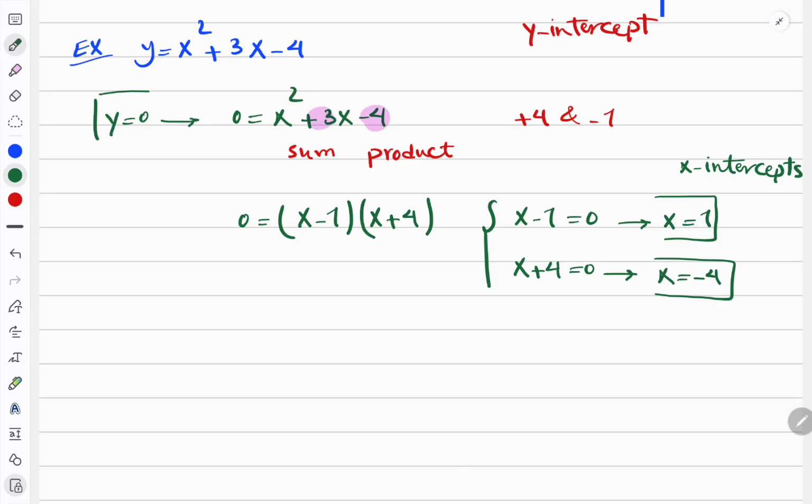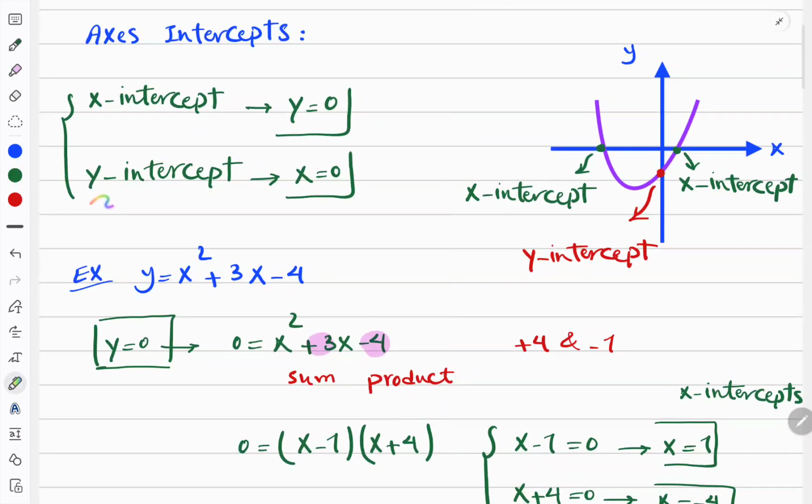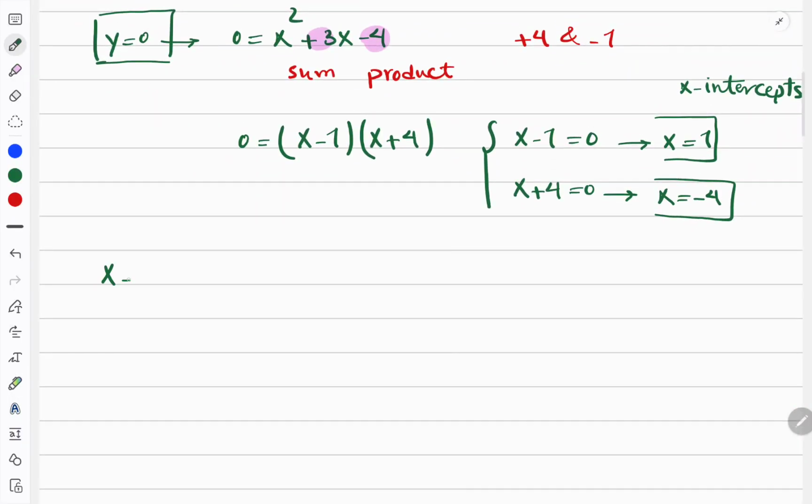And now for finding the y-intercept, x should be 0. So if x is 0, y equals 0 squared plus 3 times 0 minus 4.